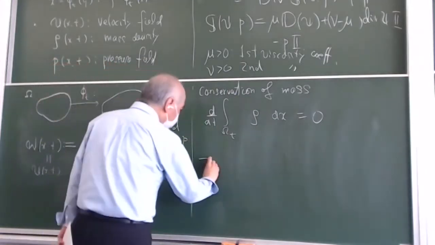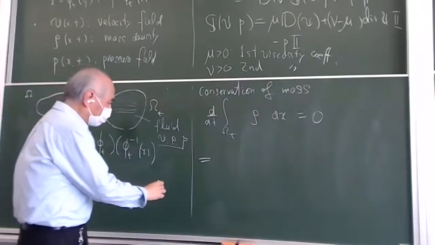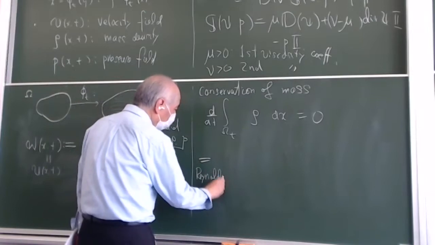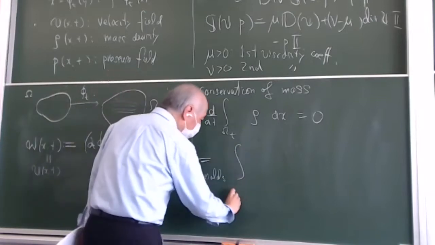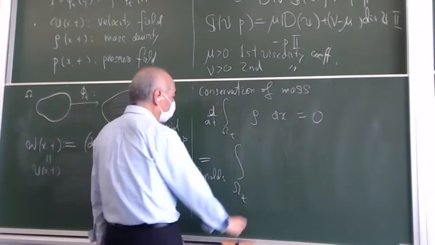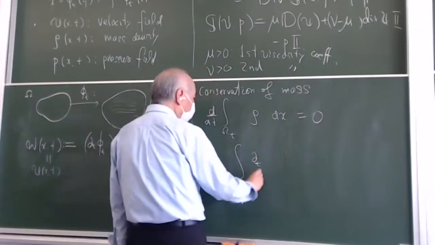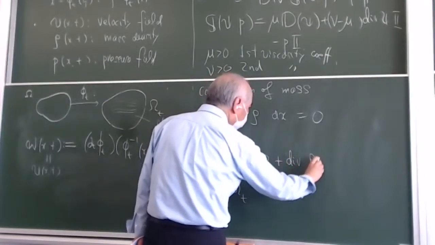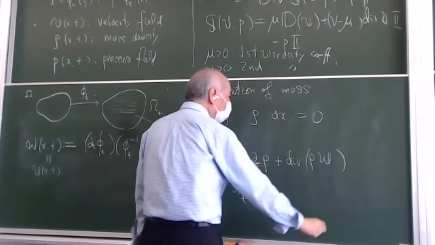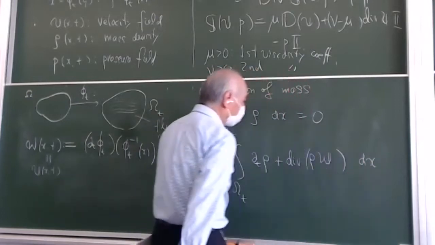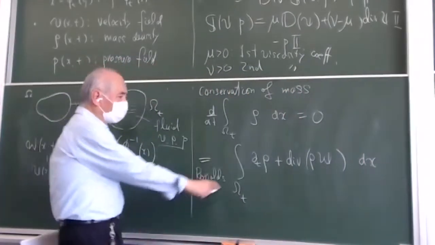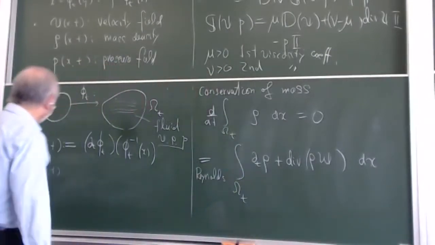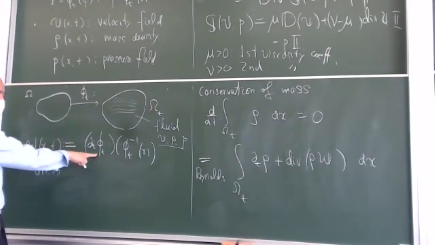And then by Reynolds transport theorem, we get the integral of d/dt rho plus div of rho w, dx. Last time v and w were the same, therefore here is v, but today the w is this one.